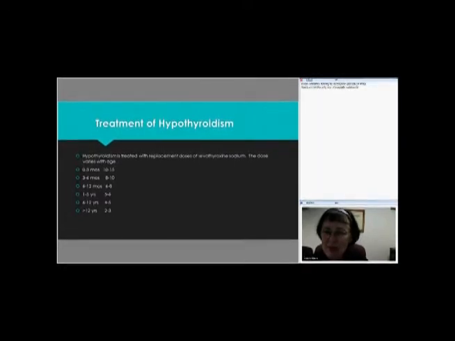So normally we think when children are small that their doses are going to be small, and as they get older, you're going to increase the amount of medicine that they get. What this slide shows you very well is that that's not the way it works with thyroxine. You're giving 10 to 15 micrograms to a 0 to 3 month old, and 2 to 3 micrograms to what really amounts to an adult.